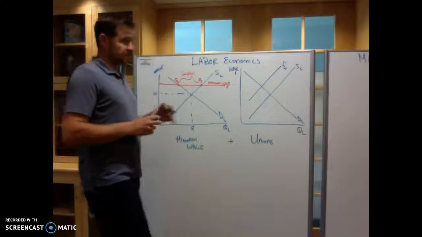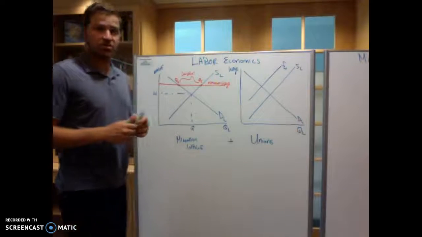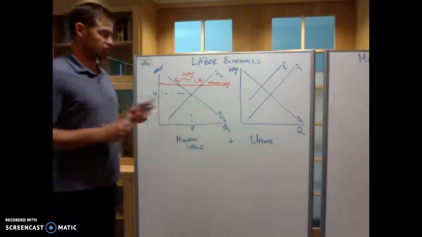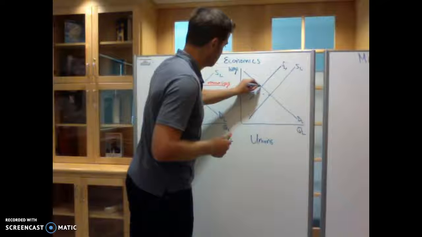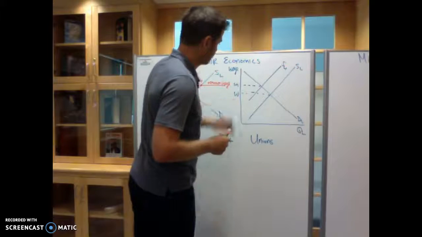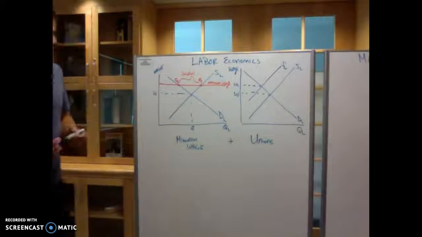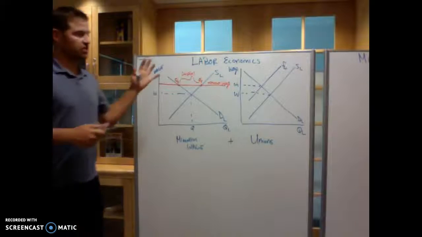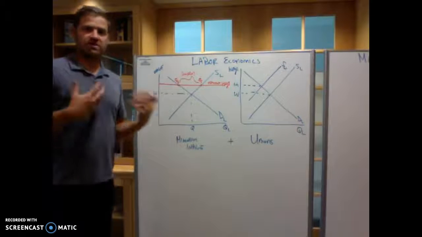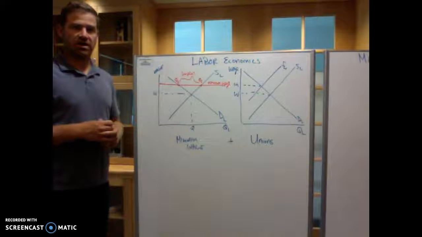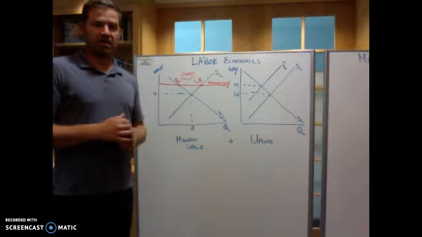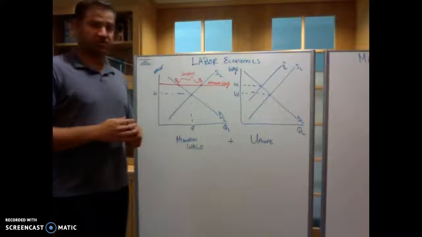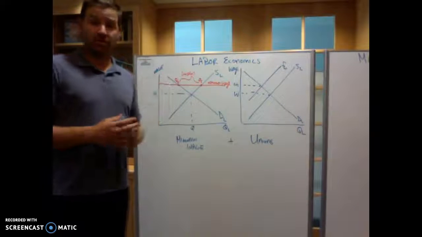In essence, by doing that, it raises the wage that they can charge, right? From that wage to that wage, by limiting supply. So again, just a quick video to show you how the supply and demand of labor works, and we're going to come back in just a second and talk about the marginal product of labor and how that works into the establishment of a wage.